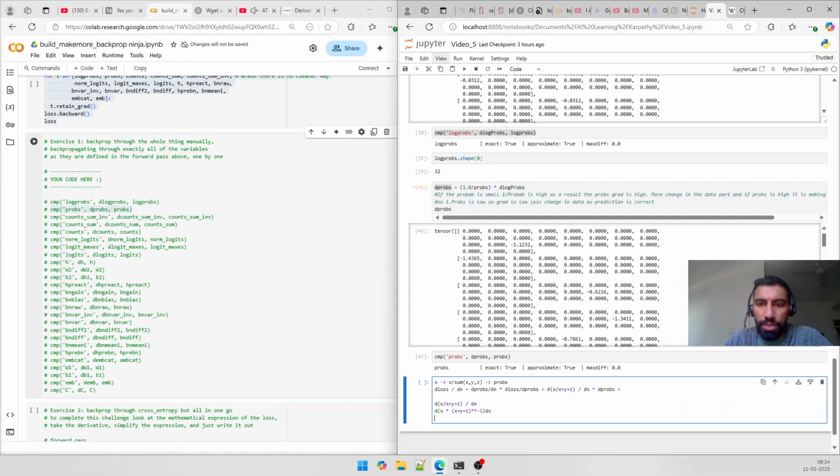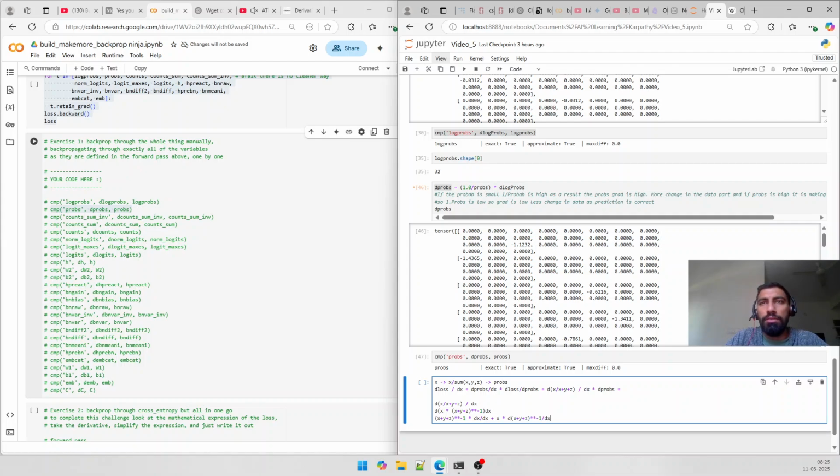Because this is multiplication, what will happen is x plus y plus z to the power minus 1 into dx by dx, plus x will come out into d of x plus y plus z to the power minus 1 by dx.